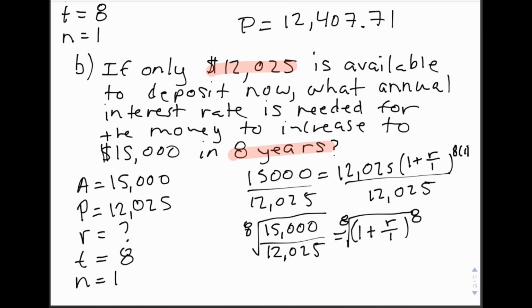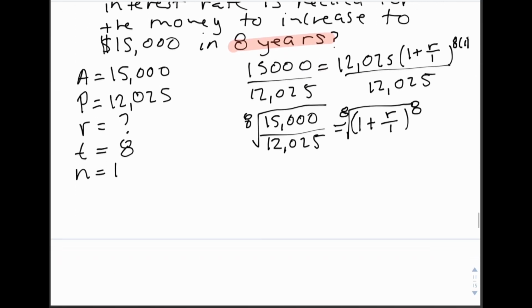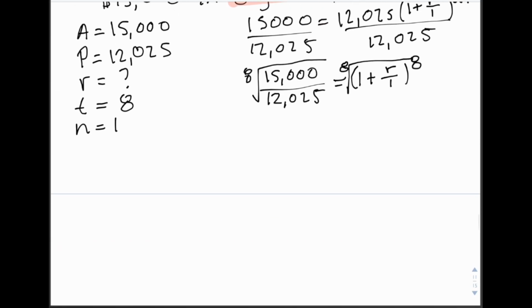Okay, so taking the 8th root of our left hand side, we are left with 15,000 divided by 12,025. And another way we can rewrite the 8th root is 1 divided by 8, and that's going to be our power here.